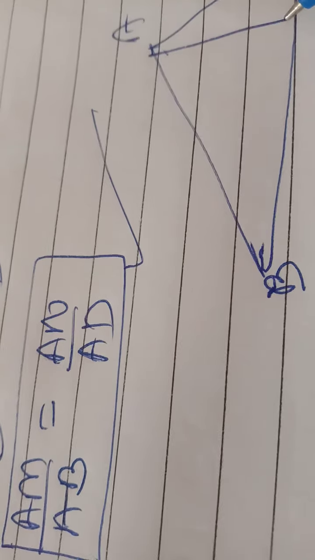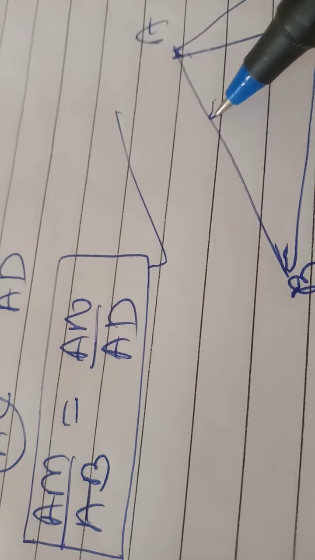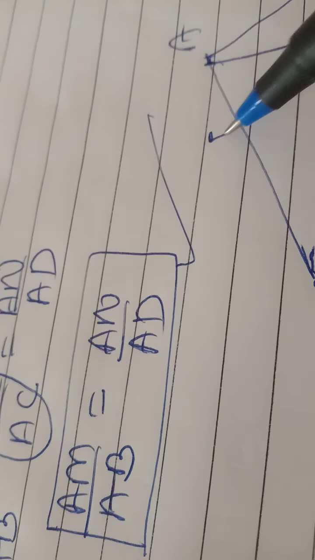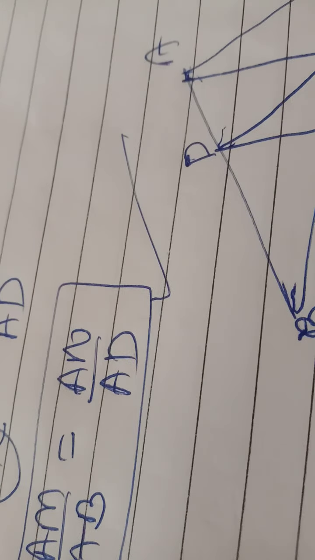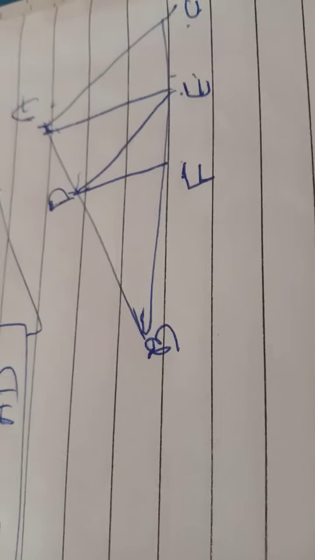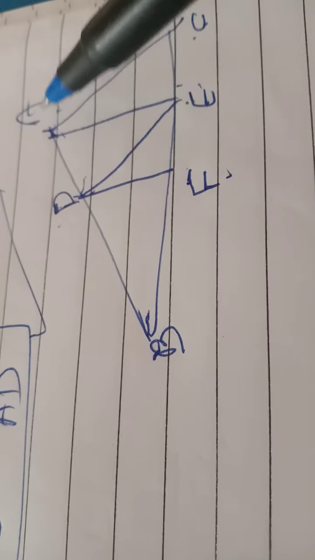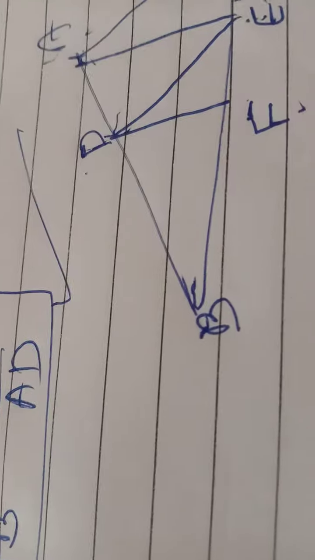E is a point on BC and D is a point on AB. Now you can see DE is parallel to AC, and another point is F. DF is parallel to AE and DE is parallel to AC.